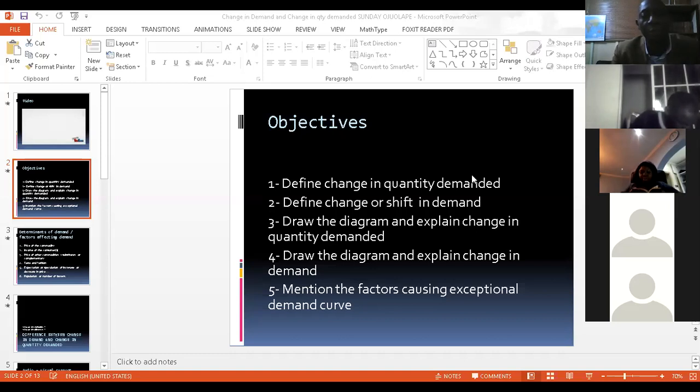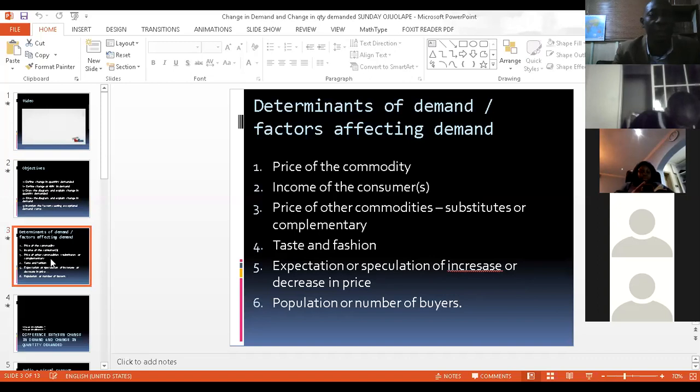So we're going to look at those factors one after the other. We're looking at the determinants of demand. I'm going to go through the determinants of demand now. So we have price of the commodity, which is number one. We all know the demand curve slopes downward from left to right. And this is determined by the price of the commodity.